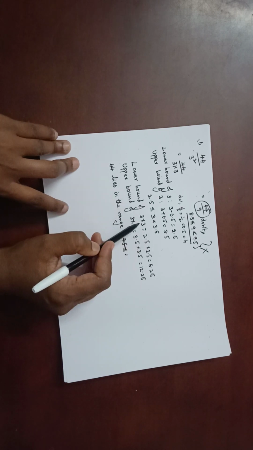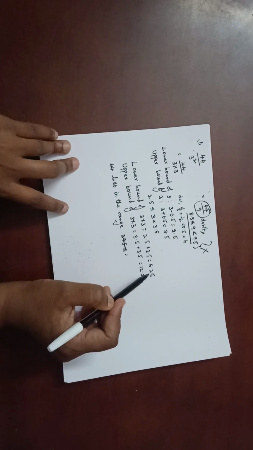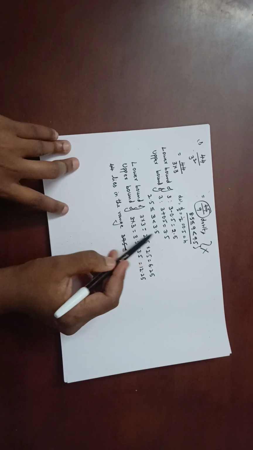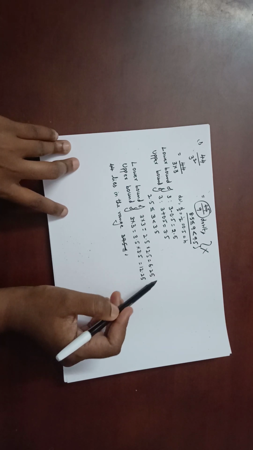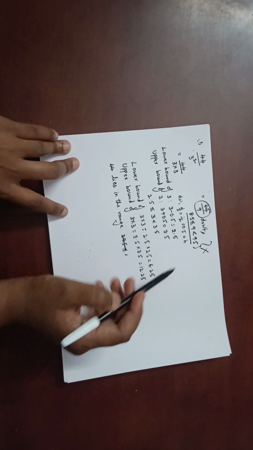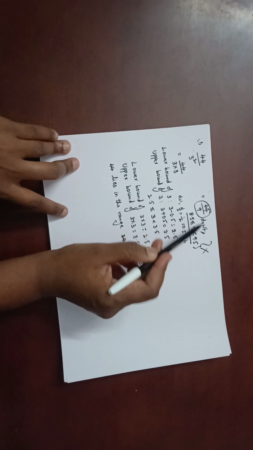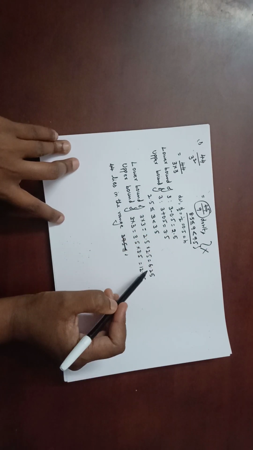So lower bound of 3 into 3 is 2.5 into 2.5, that is 6.25. Upper bound of 3 into 3 is 3.5 into 3.5, that is 12.25. So the lower bound of 3 into 3 is 6.25, but the lower bound of 9 is 8.5. So lot of change is there. See, because 8.5 is different from 6.25.